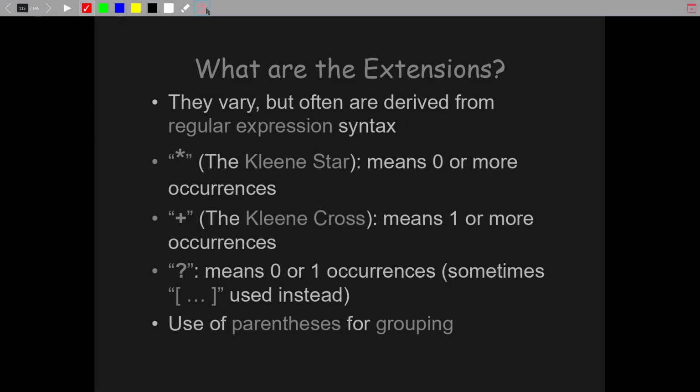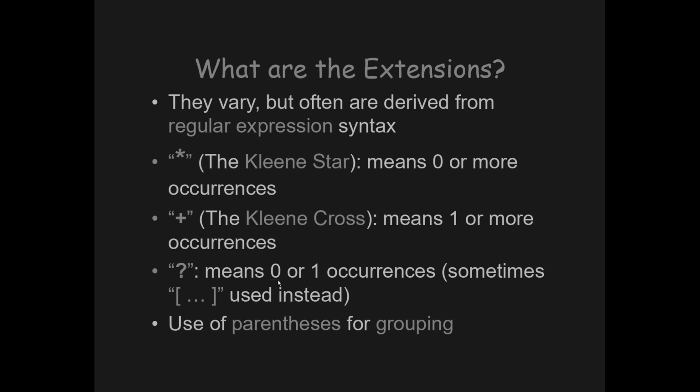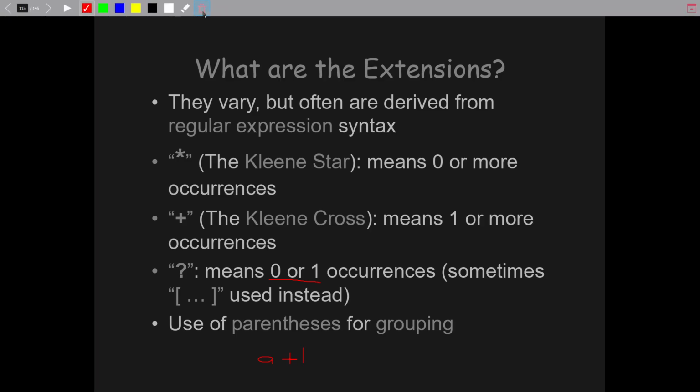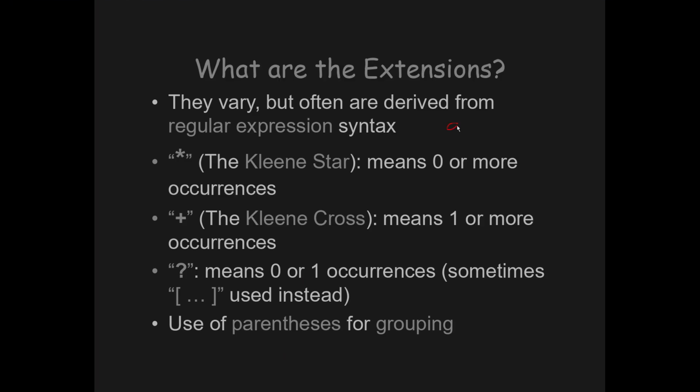And then you have the question mark, which means 0 or 1 occurrences. So let's say you have, okay, well, in EBNF, it would be a pipe, so A pipe B. So this is A or B. You group them.